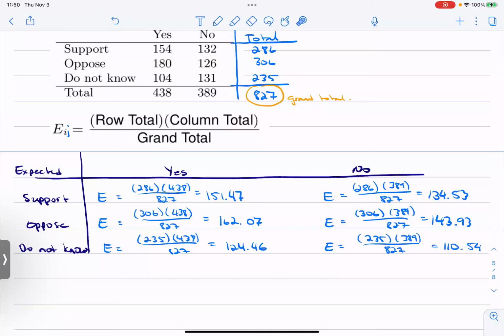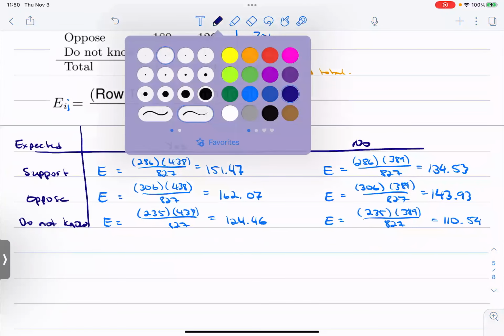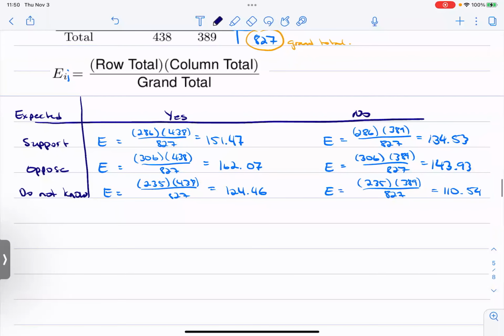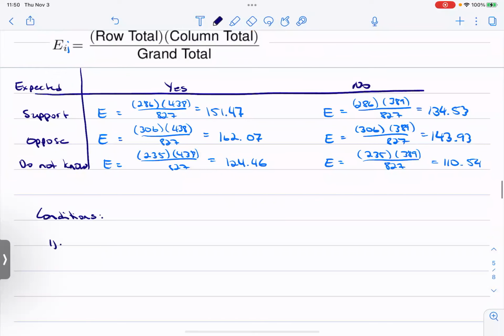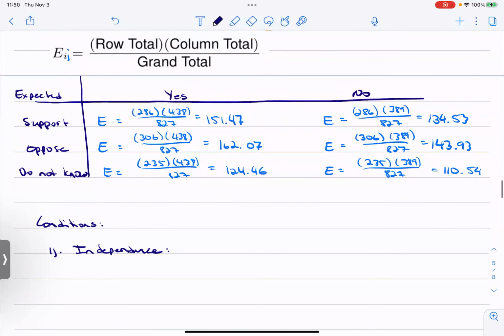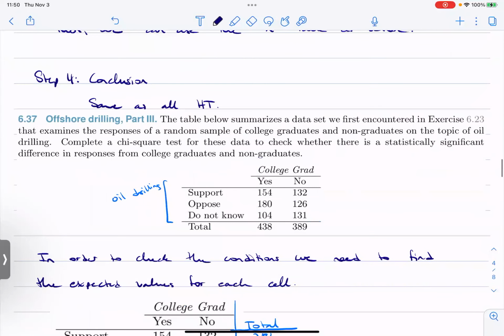Okay. So now we have our expected counts. That's great. First thing, I'm going to just scan. All of them are a lot greater than 5, so that's good. So the first condition, rather, is independence. So let's write these down. So the conditions, independence. I think it even said that the sample was randomly selected. Let me just confirm here. Responses of a random sample of college graduates and non-graduates.